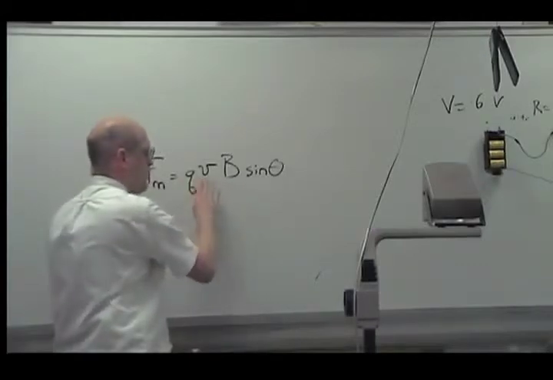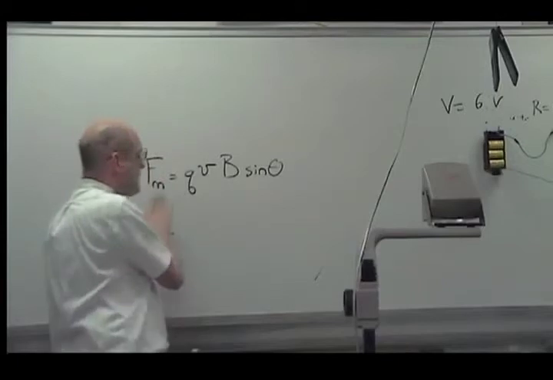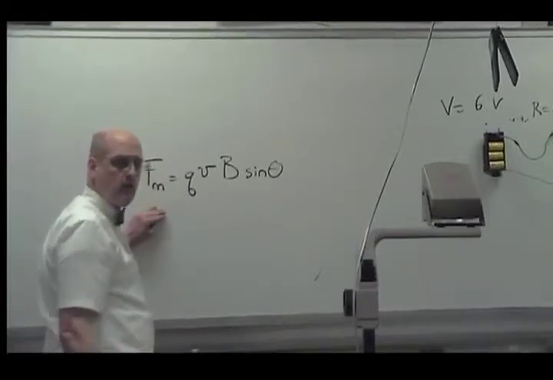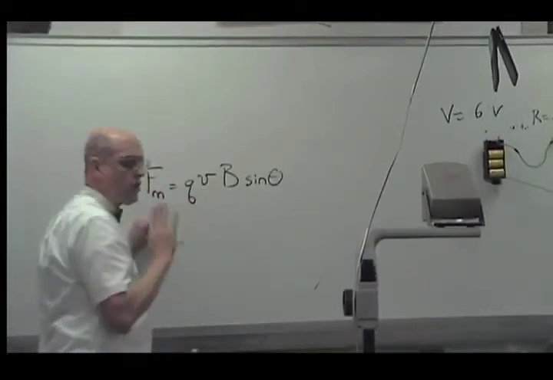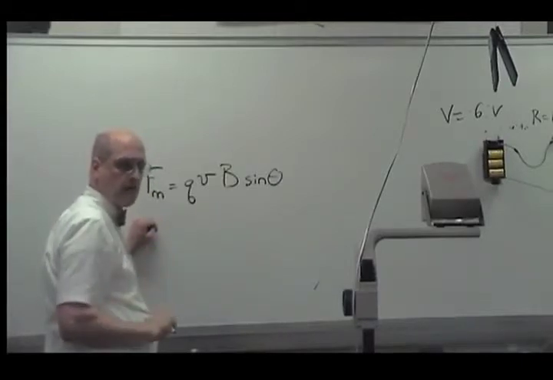So when the charge is cutting at right angles to the magnetic field direction, you will get a maximum magnetic force. When the charge is moving parallel to the magnetic field lines, you'll get 0 magnetic force.